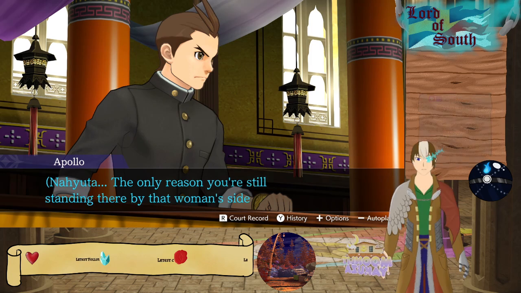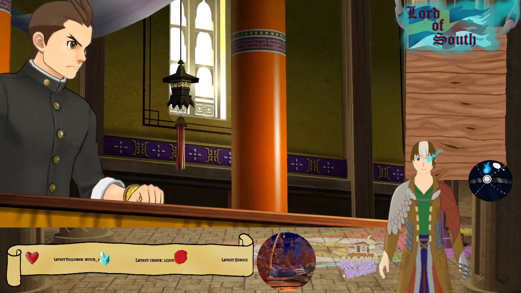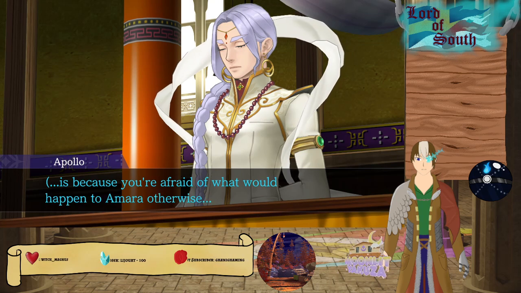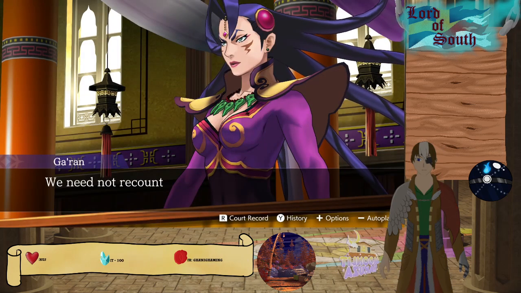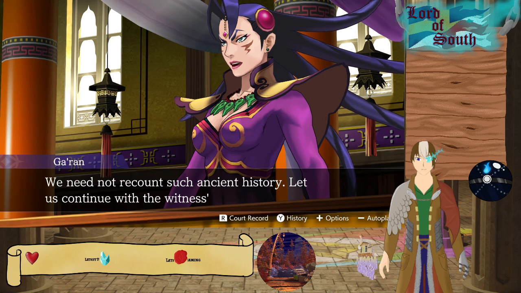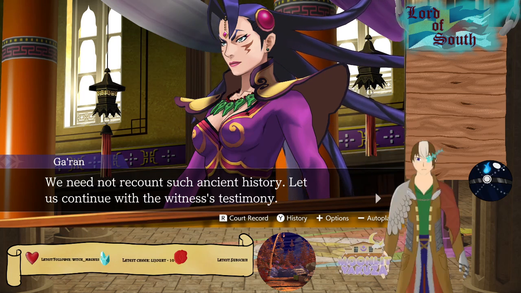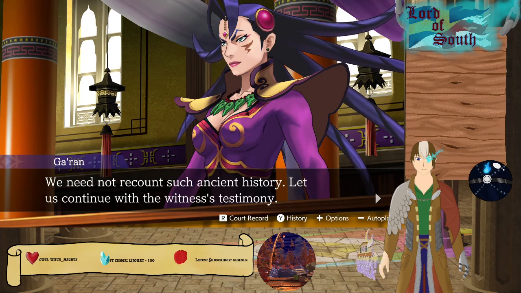Nitha, the only reason you're still standing there by that woman's side is because you're afraid of what would happen to Amara otherwise, right? We need not recount such ancient history. Let us continue with the witness testimony.